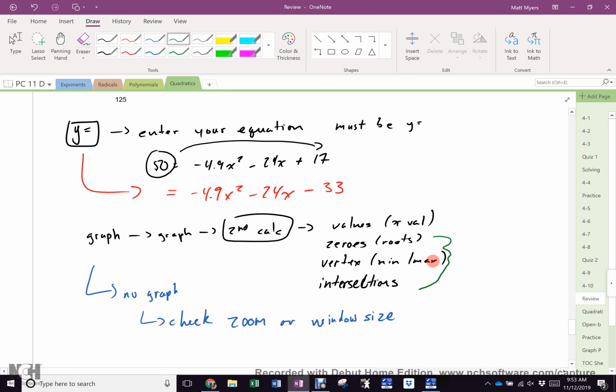Zeros, root, and intersection, it's going to ask for the left boundary, right boundary, and guess. Yeah? Everybody good?